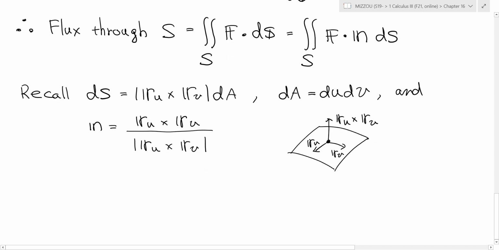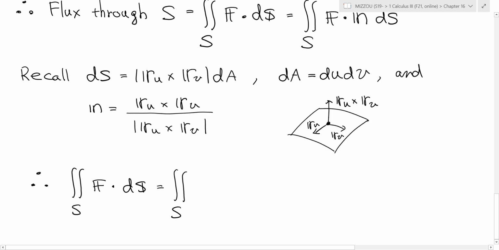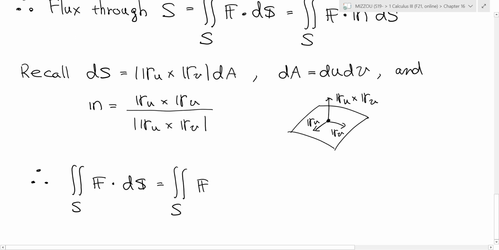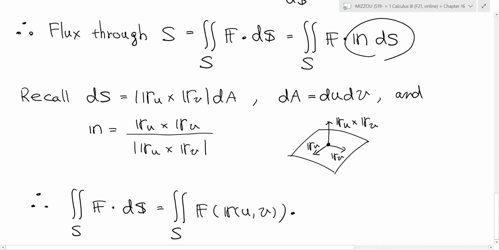Anyhow, let me just wrap this up first. So the flux is more concretely given as a surface integral. Now F is in terms of x, y, z, but we want to express everything in terms of u and v. So you plug in the parameterization of the surface into the vector field we integrate, and then dot dS, but dS is n times dS.